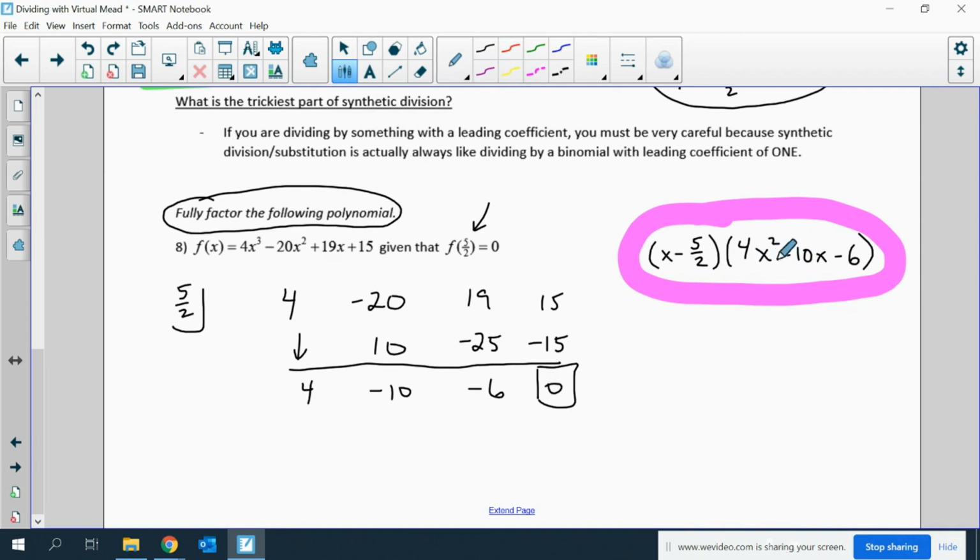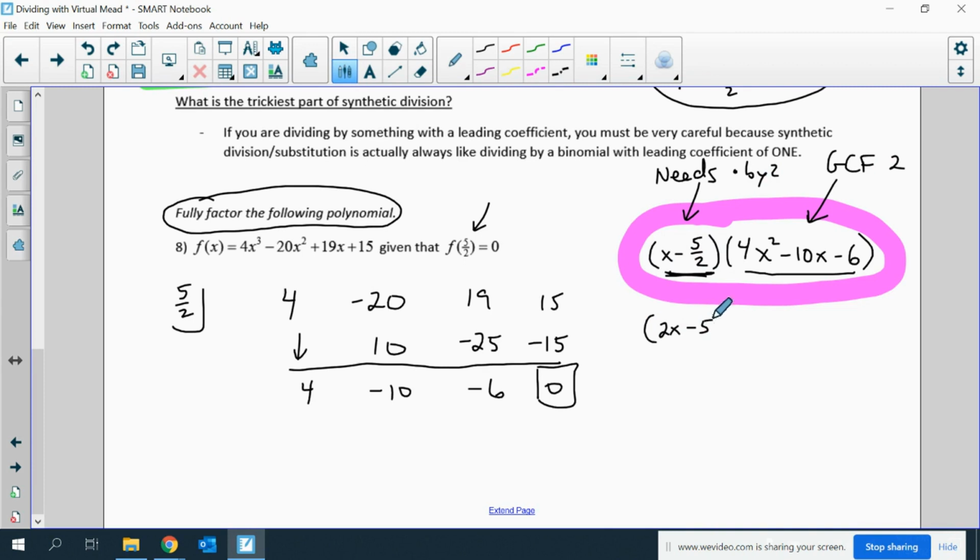Now notice what happened is that this now has a GCF, and this looks weird with a fraction. And notice what the GCF of this is. GCF of 2. Notice what this would really like. It needs to be multiplied by 2.